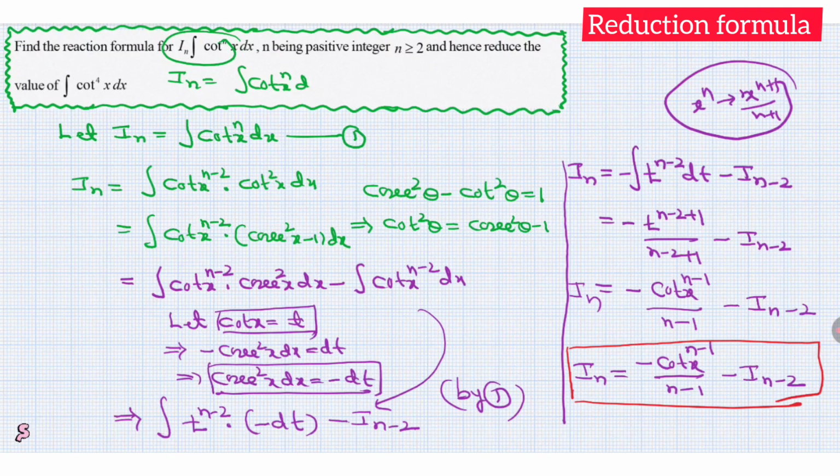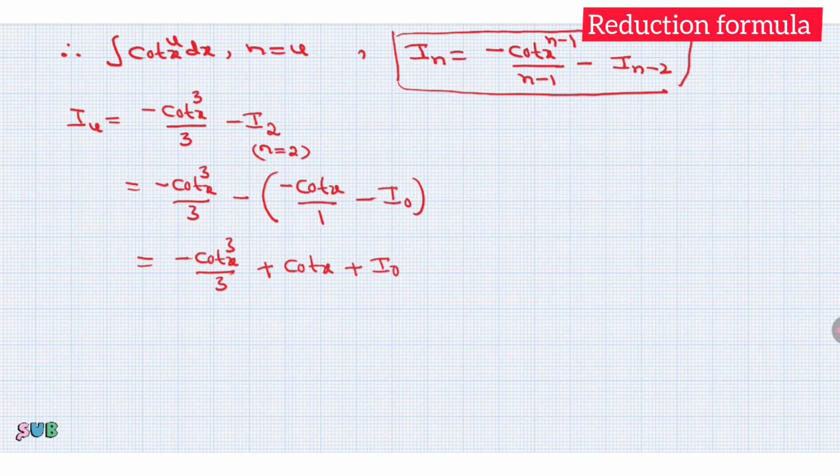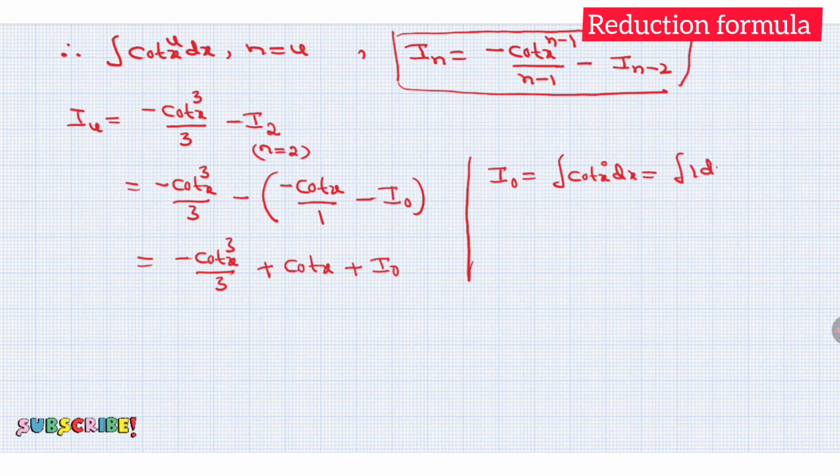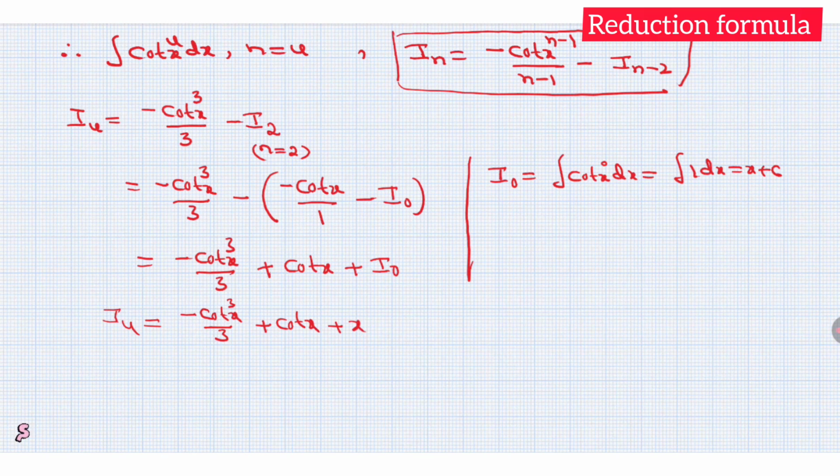We know that I naught is integration cot x power 0 dx is equal to integration 1 dx is equal to x plus c. So I4 is equal to minus cot x cube by 3 plus cot x plus x plus c.